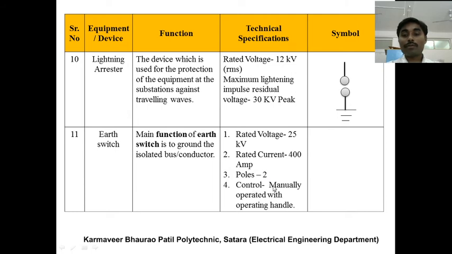For control, these earth switches are manually operated with an operating handle, or these switches may be coupled to the isolator. So here is the symbol of the earth switch.